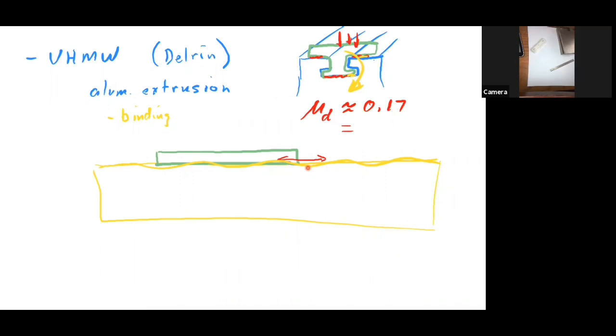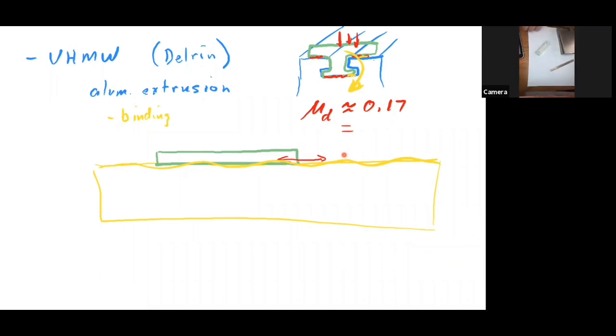If you want it not to bind, it's going to have a changing amount of free play to avoid the binding spots, because the surface wasn't perfect along here. And no surface is perfect. So to some extent, you always have this issue. It's an issue that you're always going to deal with, which is: what's the mounting surface like?